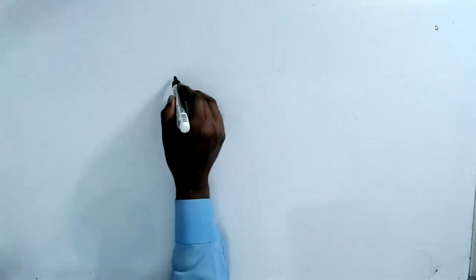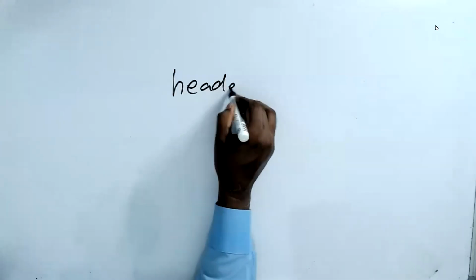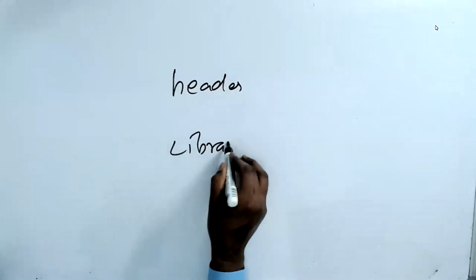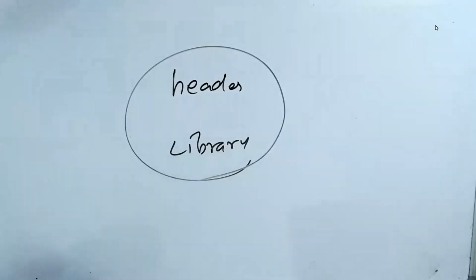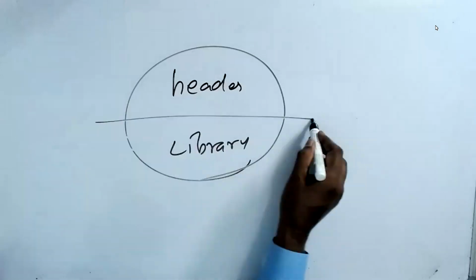You can write your own .h file and include it. No, there's a big difference. Don't get confused. I'll explain that to you next week. What is a header file? What is a library? I'll explain that next week in the C class. There's a big difference.